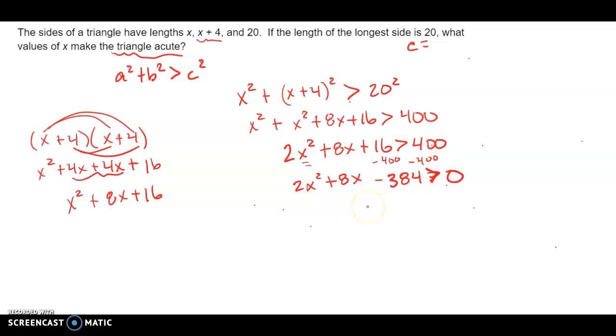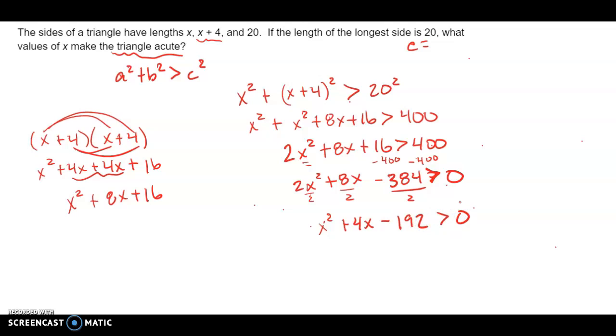Next, these are all even numbers, so I can divide everything by 2. If I divide each term by 2, I end up with a little simpler quadratic: x squared plus 4x minus 192 is greater than 0.